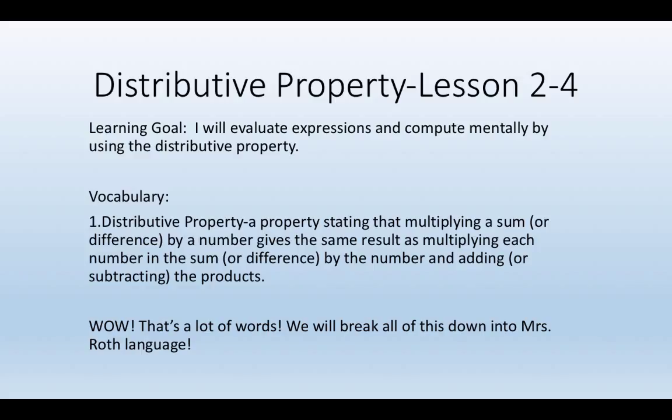So distributive property is a property stating that multiplying a sum or a difference by a number gives the same result as multiplying each number in the sum or difference by the number and adding or subtracting the products. Whew. So that is a lot of words. So we will break it down here in just a few minutes, so don't be scared by that. So go ahead and pause the recording and write down your learning goal and your vocabulary term.